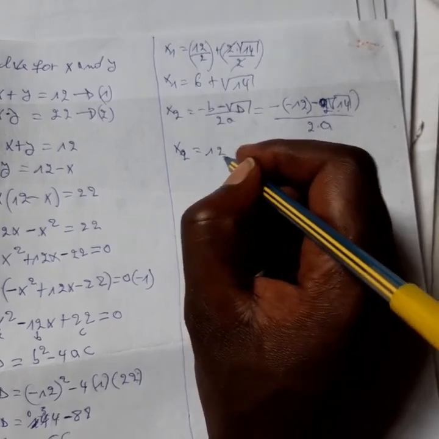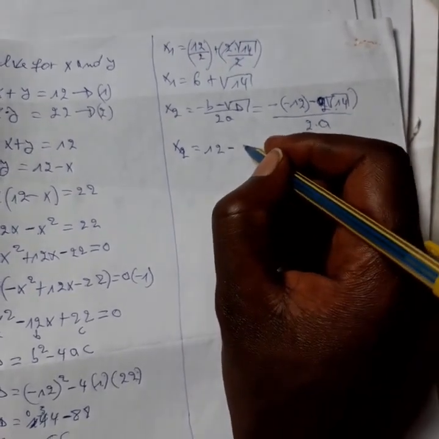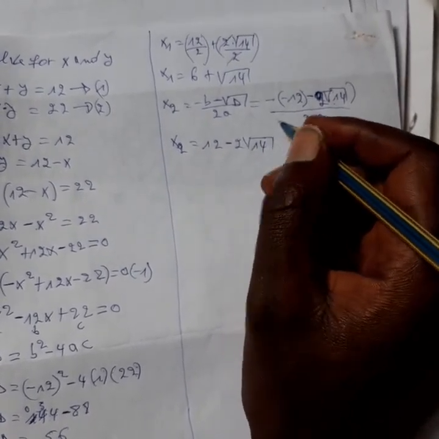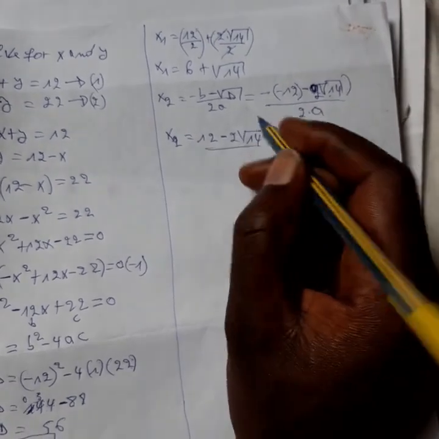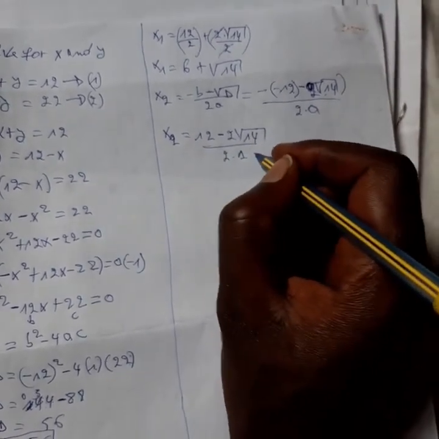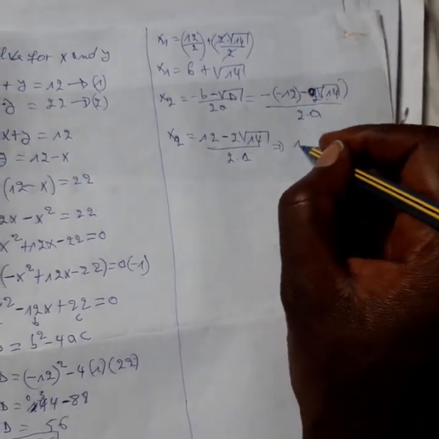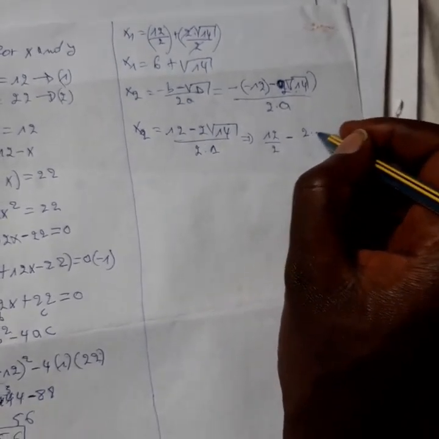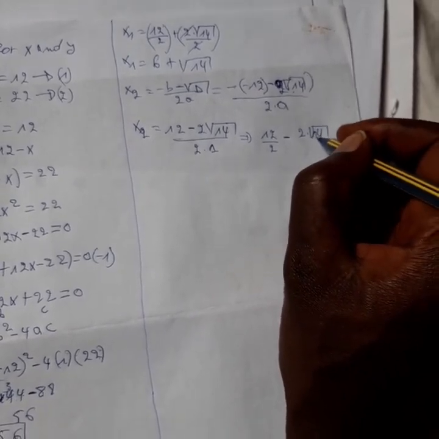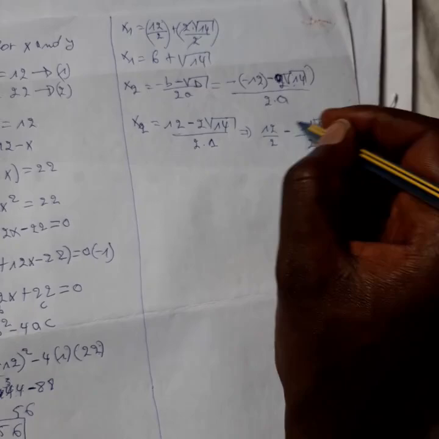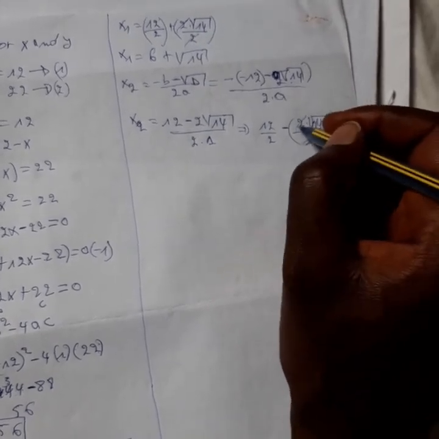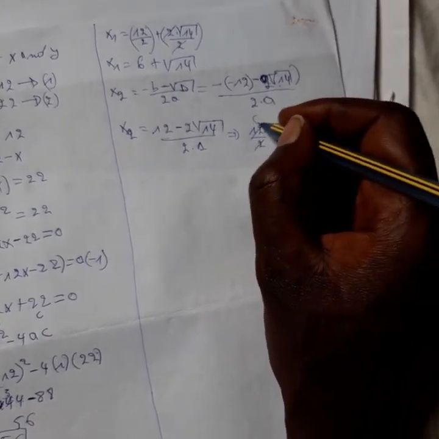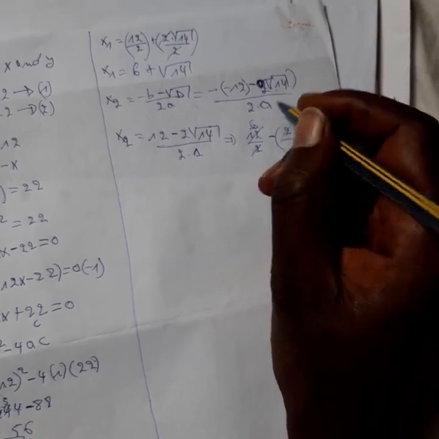It will be 12 minus 2 times square root of 14 over 2 times 1. So it will be 12 over 2 minus 2 times square root of 14 over 2. So this 2 will cancel this one, and this 12 will be simplified by this 2. Here we remain with 6.